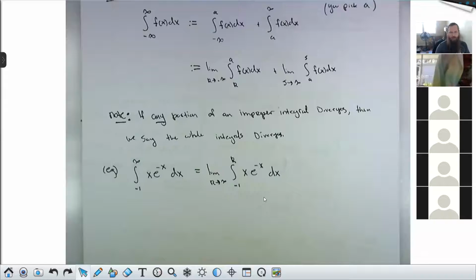How do I evaluate an antiderivative for this sort of function? IBP. Good.